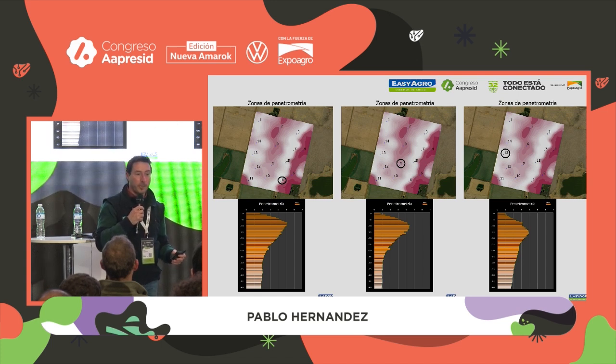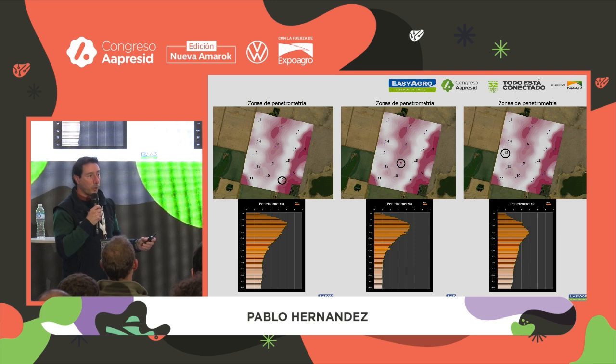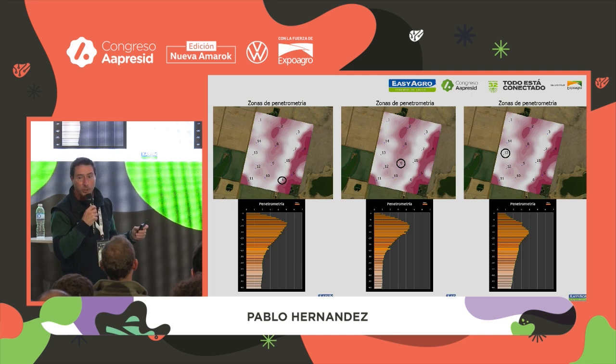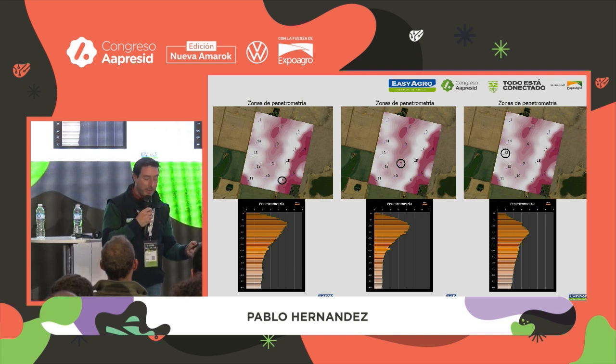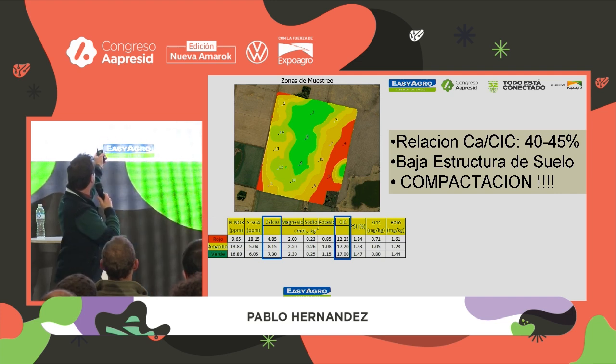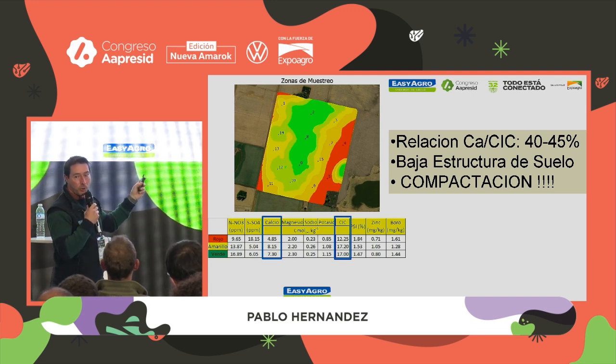This is another area in Rufino, another plot. We had been doing a study for a couple of years. We started the diagnosis in 2022. We identified that there was a general problem throughout the lot. The compacting was remarkable, above 4.5 megapascals, and we saw a low level of calcium.